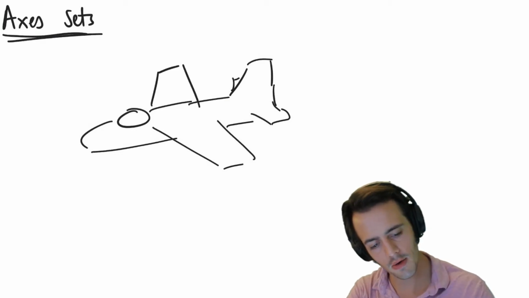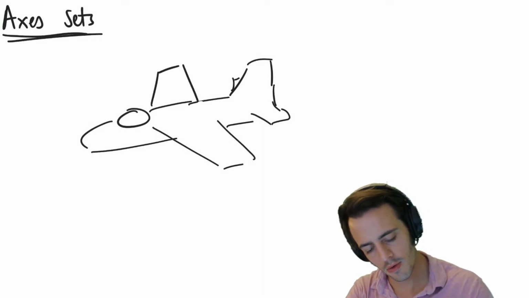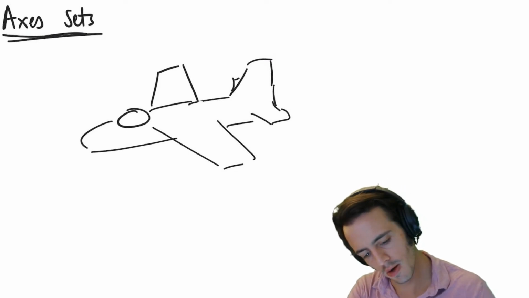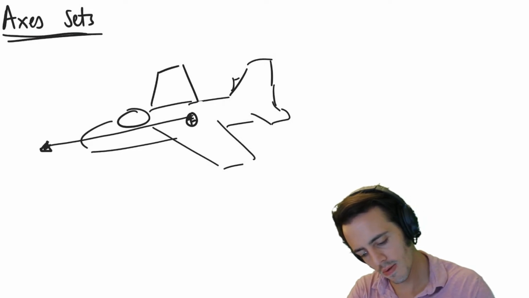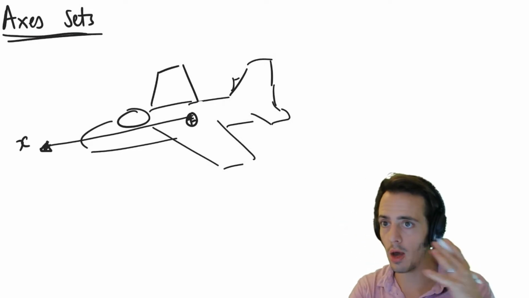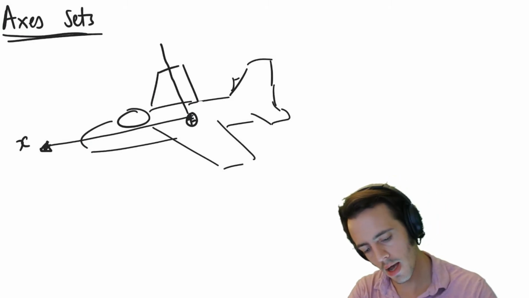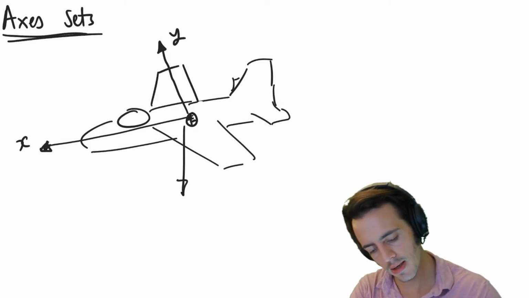Okay, so if we have our aircraft, let's draw aircraft body axes on. So this is centered at the aircraft center of gravity. We have X direction sticking out through the front, Y sticks out along the starboard wing, and Z sticks down.